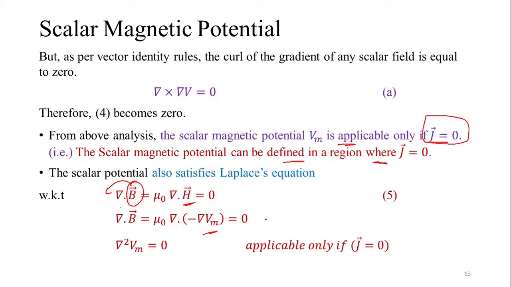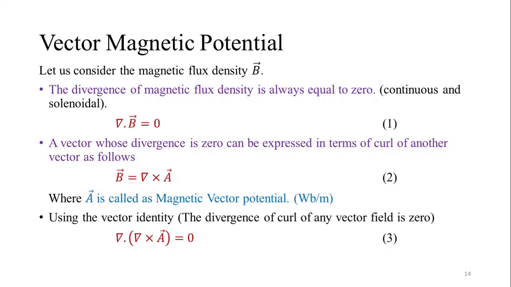From this you will have minus mu naught del square Vm equal to 0. Now bring the quantity to the right side, you will have del square Vm is equal to 0. This equation is applicable only if J vector is equal to 0.